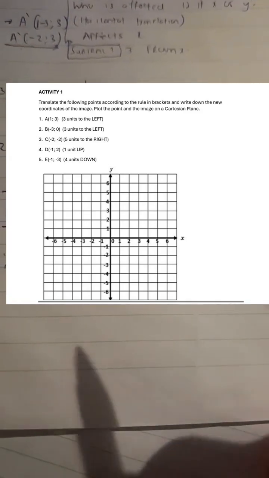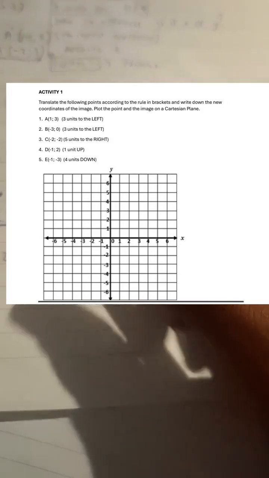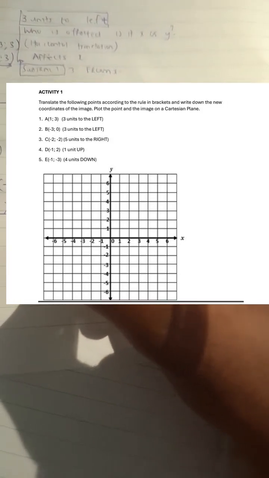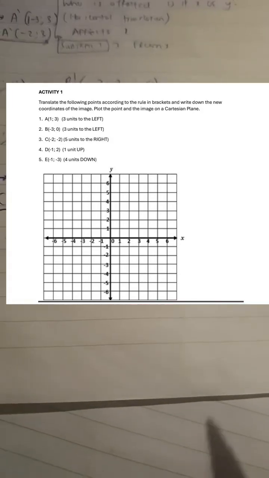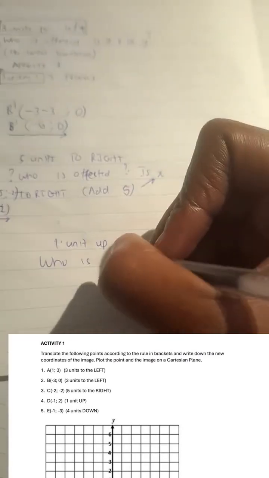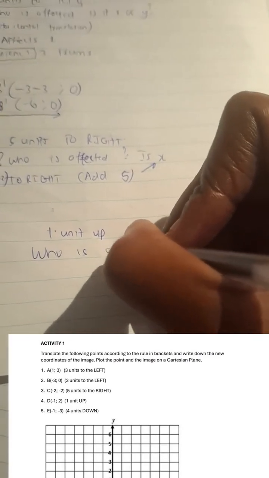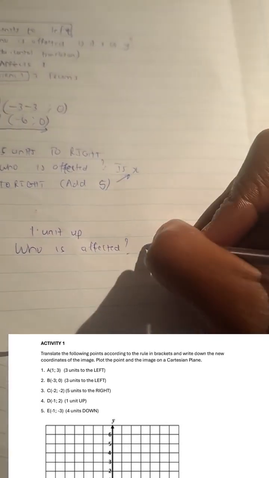So if we are saying D -1 and 2, as number 4 states there, is translated 1 unit up, the first question we want to ask ourselves is, who is affected?